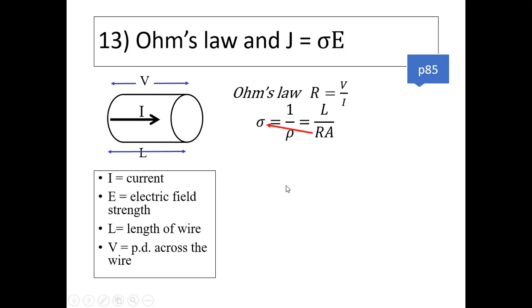Take R across there, take sigma down. We got that formula. Right? Take R up, take sigma down. Get that one there. Then replace this R with V over I. V over I equals L over sigma A. Okay, remember we want E, we want J. So we can take I across, take L down.